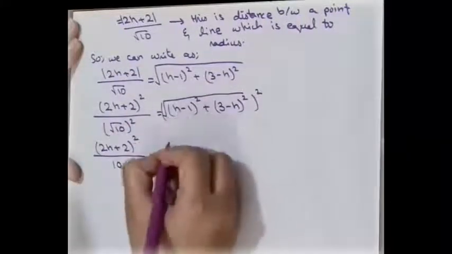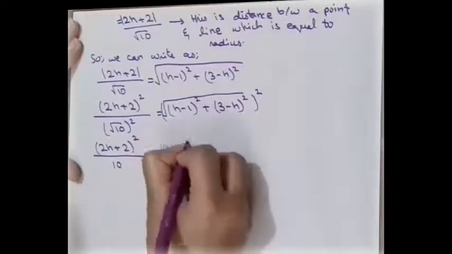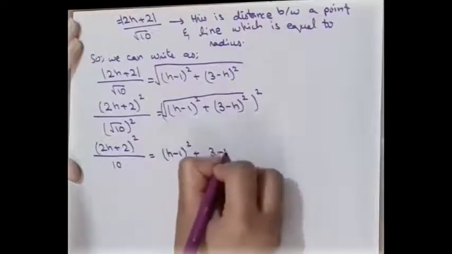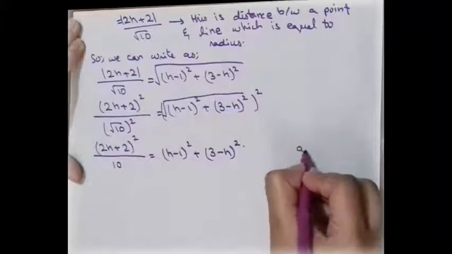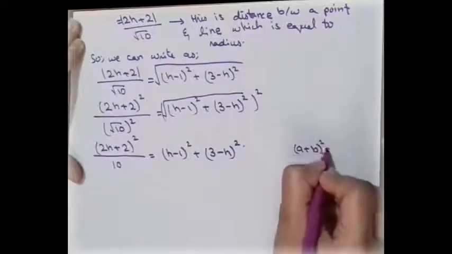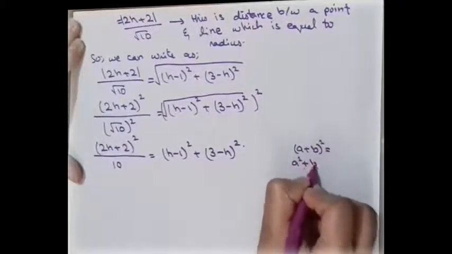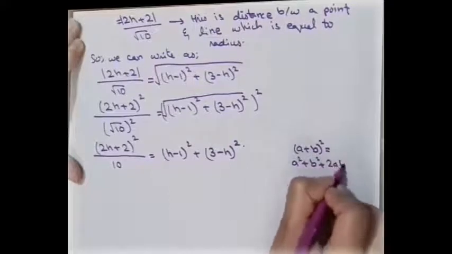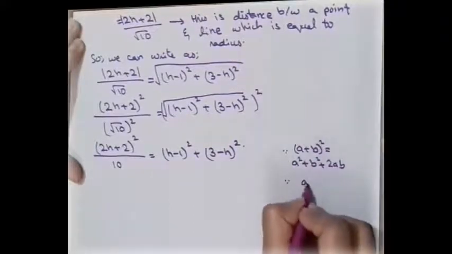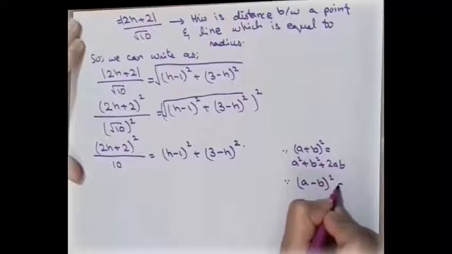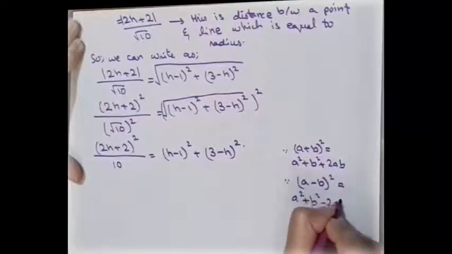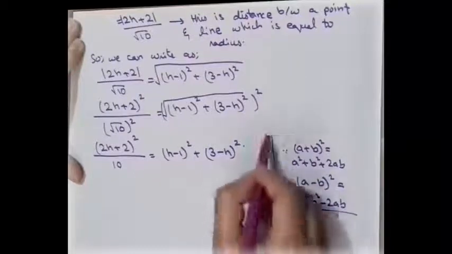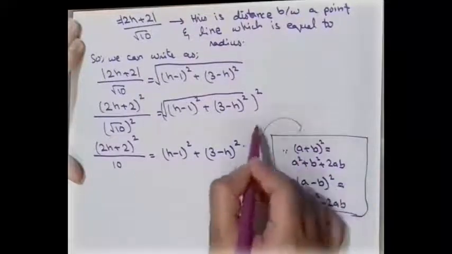In a similar way, we are left with (h minus 1) squared plus (3 minus h) squared. Now we have to open the squares, using the formulas: (a plus b) squared equals a squared plus b squared plus 2ab, and in a similar way (a minus b) squared equals a squared plus b squared minus 2ab. We basically use these two formulas over here.